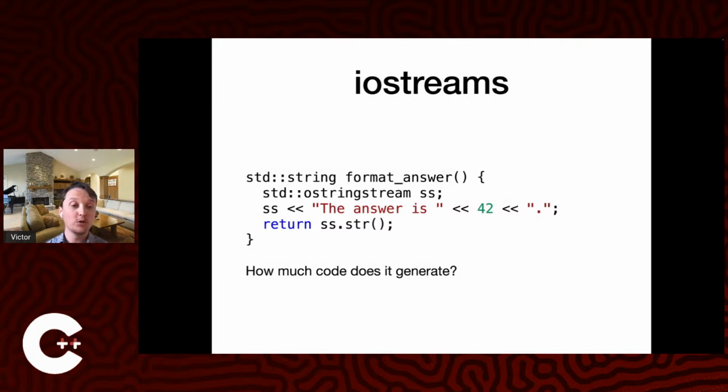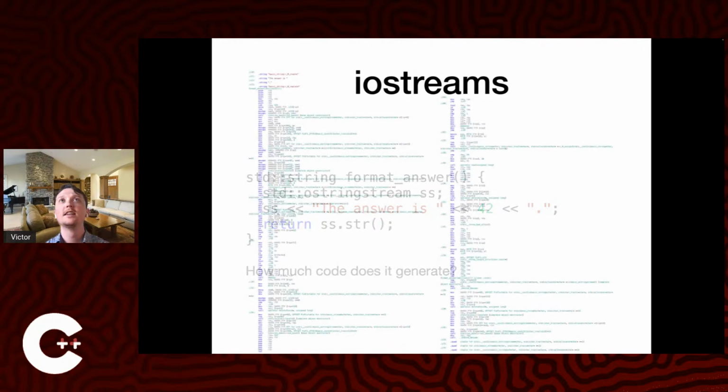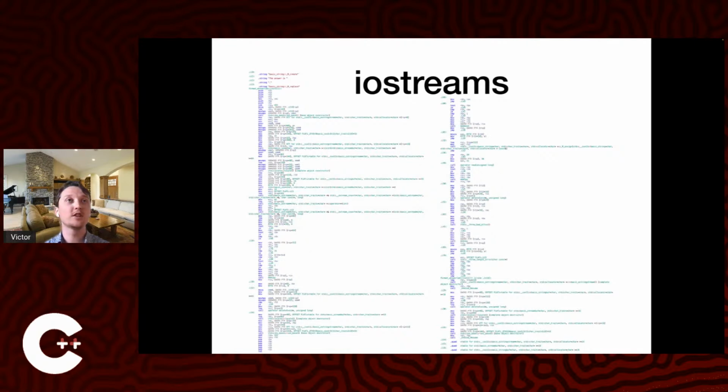But maybe code bloat doesn't exist and cannot harm me. Let's look at this trivial example with iostreams. How much code do you think it generates? And this is actually all the code that it generates, copied from, I think, Godbolt. There are hundreds of instructions, a bunch of function calls, and this is just for a trivial formatting operation.